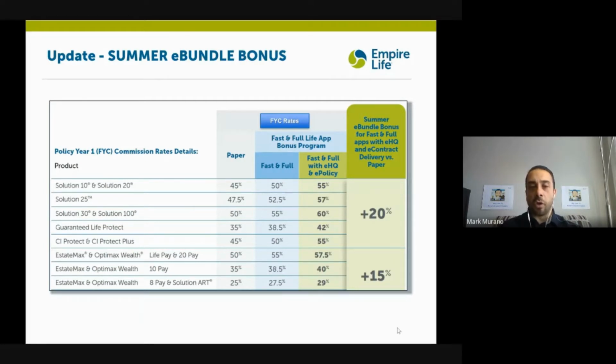If you are writing term, you are getting upwards of 20% more gross compensation relative to the market, and on par at 15%. So a tremendous amount of extra compensation just for using a superior product and process, fast and full. And then if you're able to use the EHQ under the non-med limits, you can qualify for the extra bonus there. So do take advantage of that wonderful incentive for the summer with Empire Life.